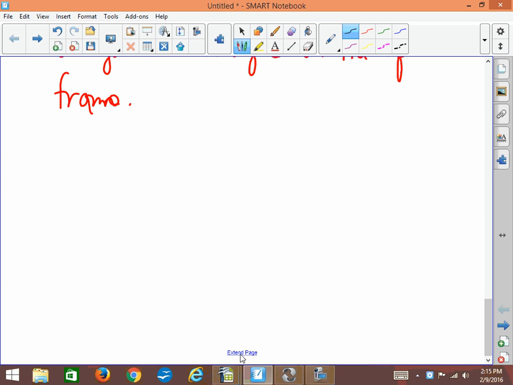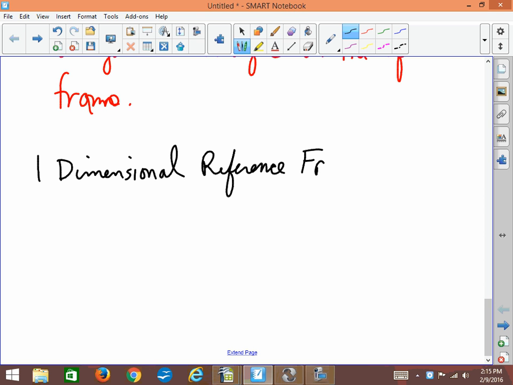If the ball has only one choice to make, we call that a one-dimensional reference frame. It's a kind of stage where the only way you can move is left or right, as if you were stuck on that stick, going back and forth, just like the ball. It'd be a very boring play to watch, but some things do move that way. So they have one choice.